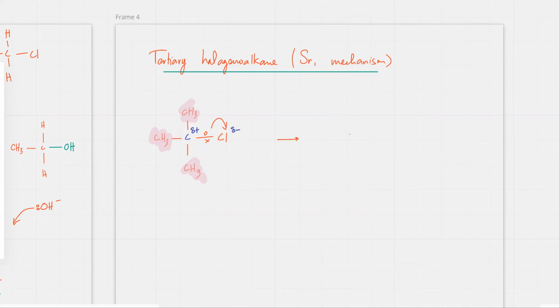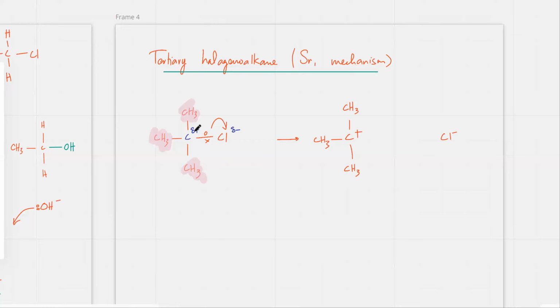So you'll have something like this. You'll have a CH3. And the Cl- breaks off. And because the positive charge is not really strong, it's not going to attract the nucleophile immediately.